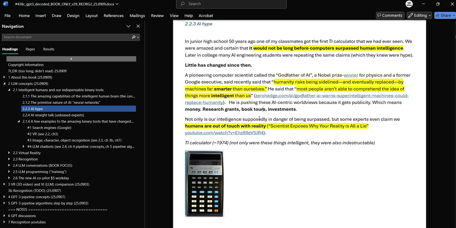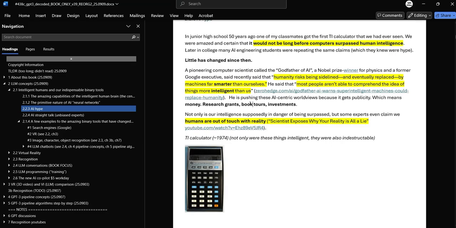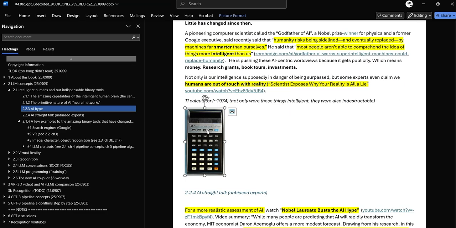And there's some other guy who says humans are out of touch with reality. So the scientist exposes why your reality is all a lie. This is just weird stuff. It's like when we were kids back in elementary school 50 years ago, we saw the first calculator, TI calculator. We were so impressed. We said, oh, this is definitely going to replace humanity very, very soon. And the experts now talking about AI, they're basically like we were back in junior high school 50 years ago.